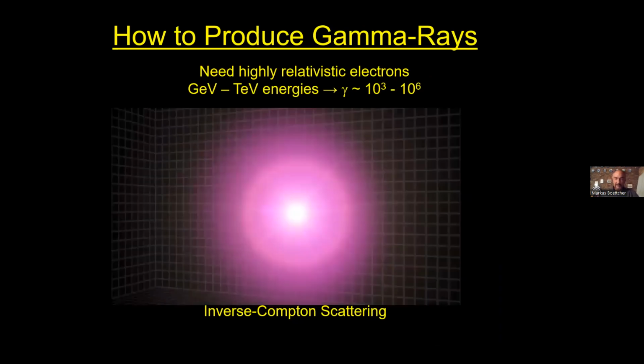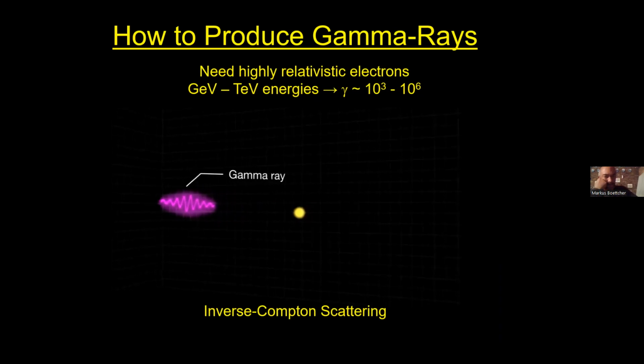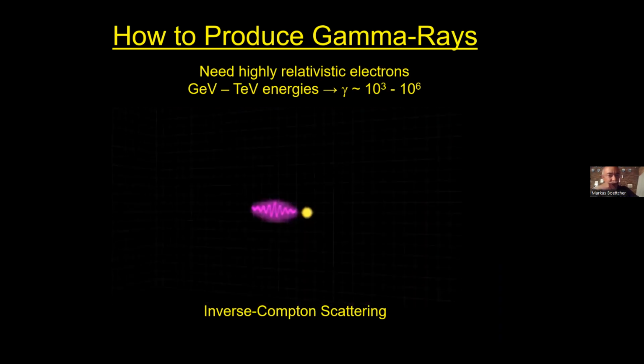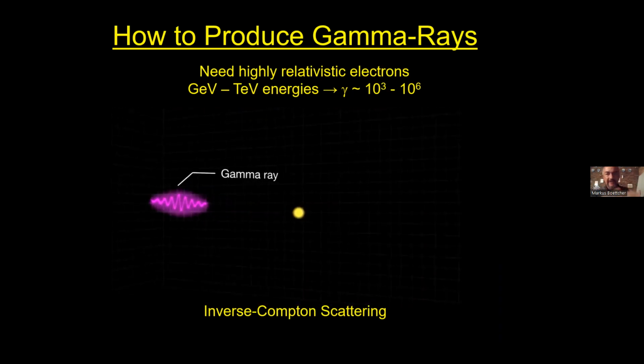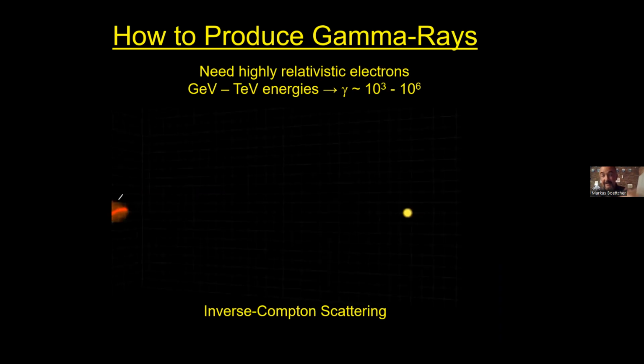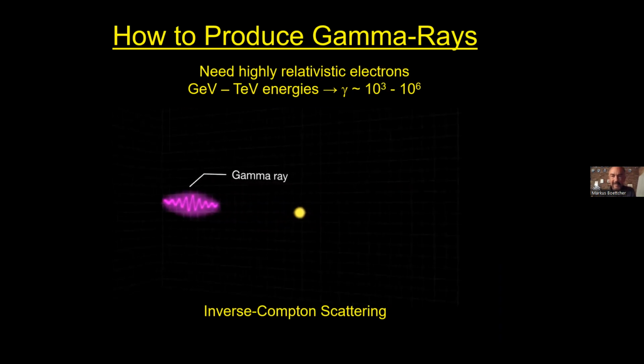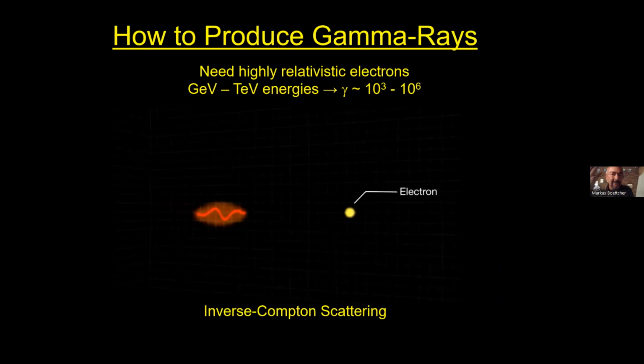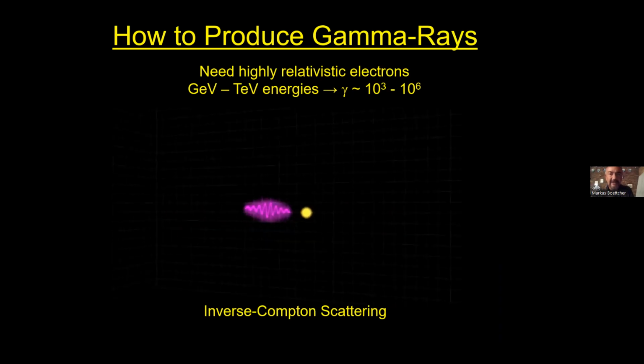Maybe a little bit on the processes. How do things in the universe make gamma rays? Gamma rays have these extreme energies. So obviously, we need elementary particles that have at least those energies to make those gamma rays. One way that's very common to make gamma rays in astrophysical sources is that we have electrons with extremely high, very highly relativistic energies.